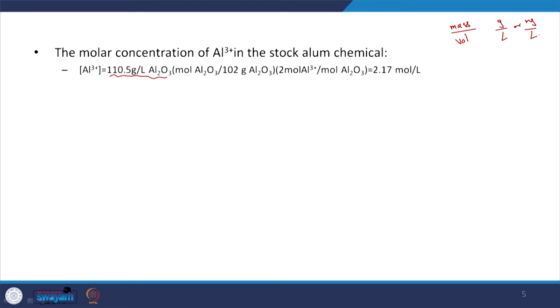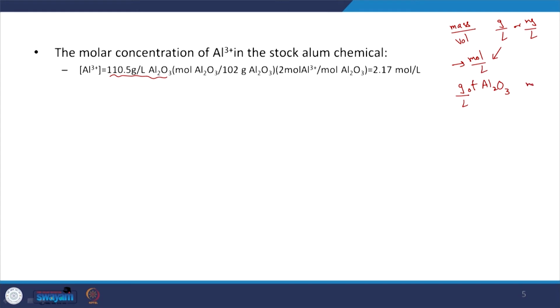Another unit which we typically want to use based on the stoichiometry is moles per liter. How do I go from here to here though? So, I have grams per liter of Al2O3.